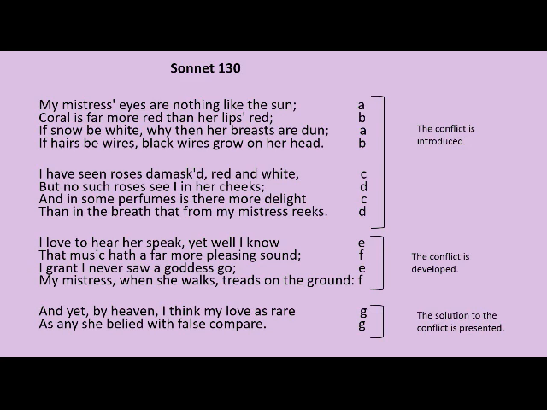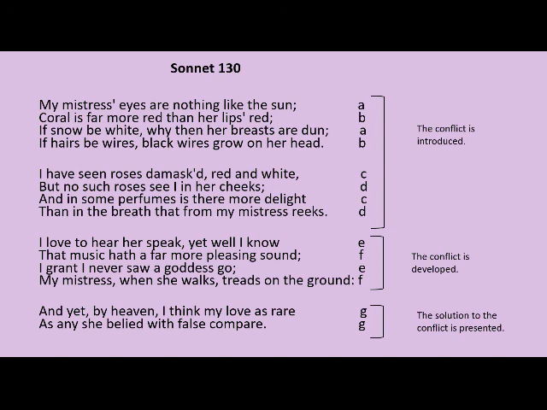It consists of 14 lines, 3 stanzas of 4 lines, and 1 couplet, as we have already mentioned. You can also see the rhyming scheme on the left. It says A, B, A, B, because line 1 rhymes with line 3 and line 2 with line 4. That's also true for the second and the third stanza, and in the couplet, obviously, the 2 lines rhyme with each other because there are only 2 lines.